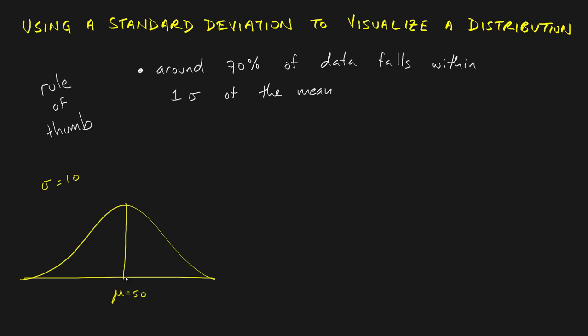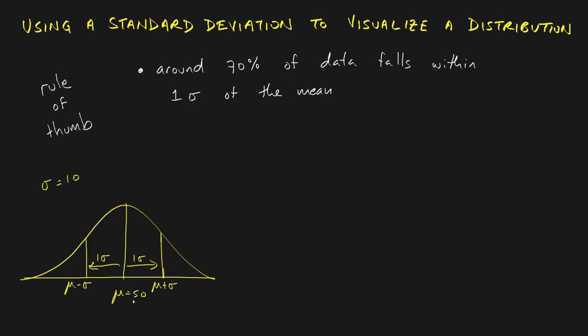That means that as long as I'm within about 10 of this 50, I should see most of my data falling within that space. So it's going to end up being something like over here. This is going to be the mean plus one standard deviation. So I'm one standard deviation above the mean. And if I go down an equivalent amount below the mean, this would be one standard deviation below the mean, so it would be the mean minus the standard deviation.